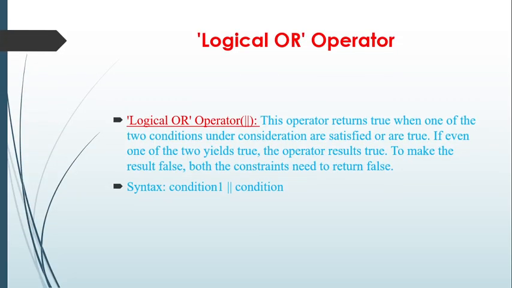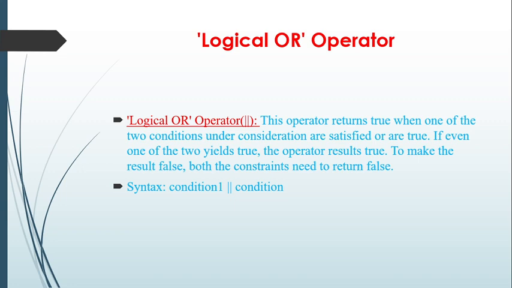Second is the logical OR operator. This operator returns true when one of the two conditions under consideration is satisfied or true. If even one of the two is true, the operator results in true. To make the result false, both the conditions need to be false. Its syntax is condition 1 OR condition 2.